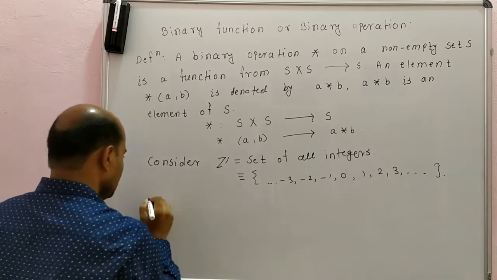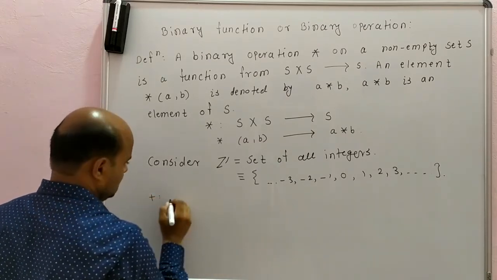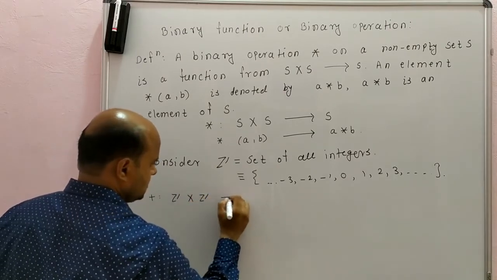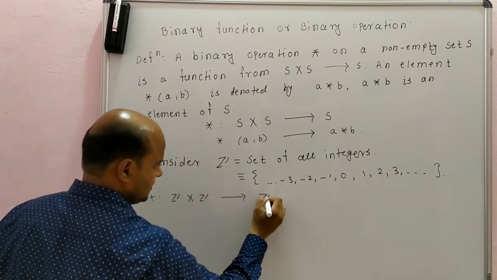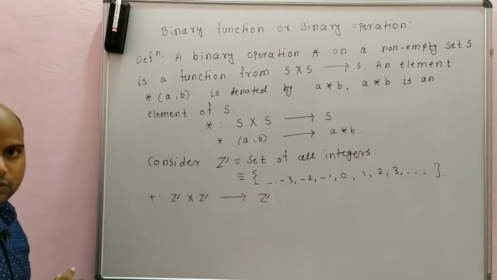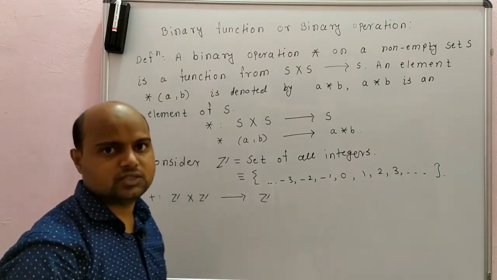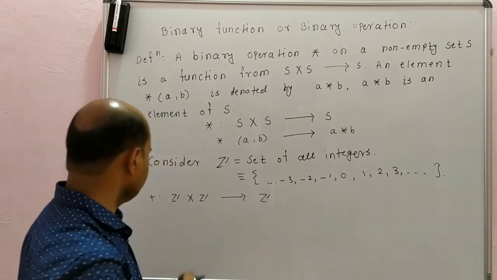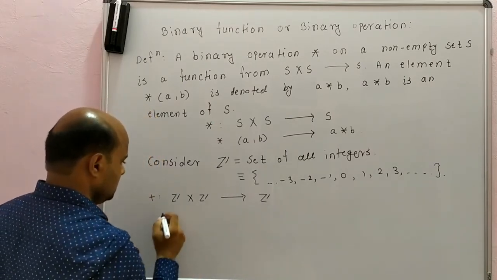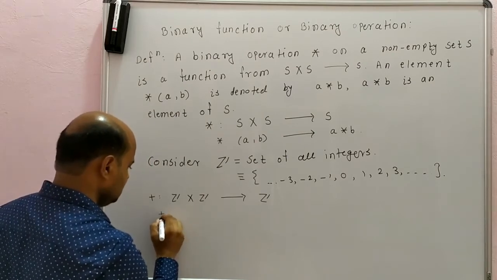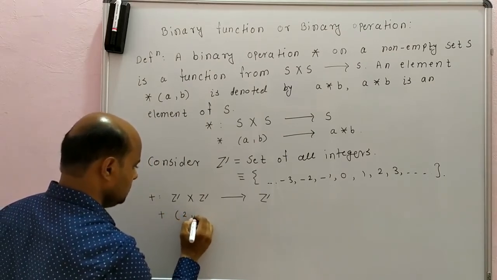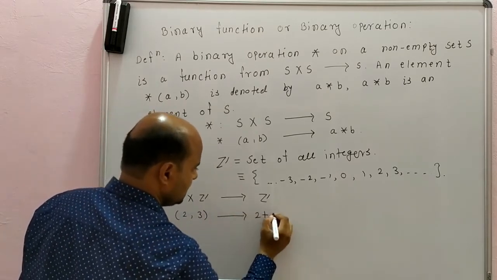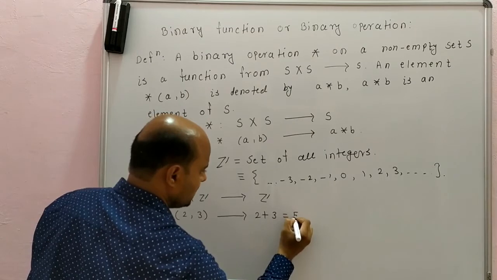So consider addition on Z. We will show here addition is a binary operation on Z. We know under addition (2, 3) goes to 2 plus 3 is equal to 5.